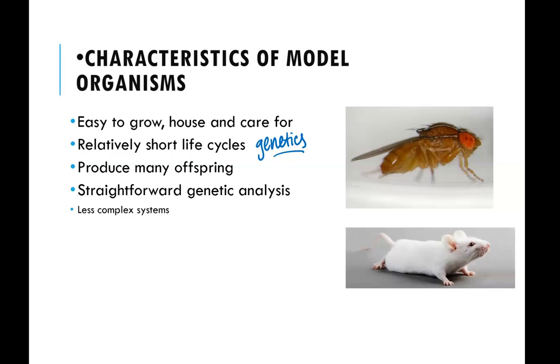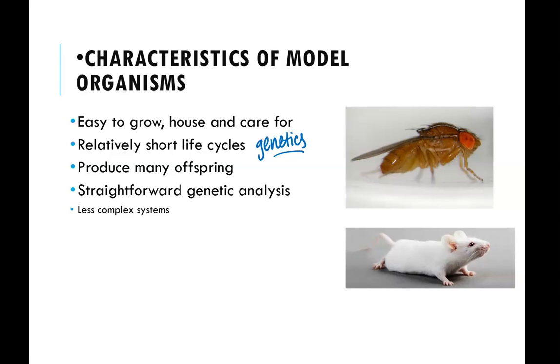But if you're looking at fruit flies and you have hundreds of offspring, you can get a better idea of what's actually happening. But unrelated to genetics, having short life cycles and many offspring gives you a lot of options for breeding, for looking for trends, and things like that.